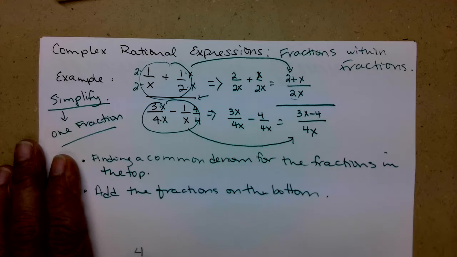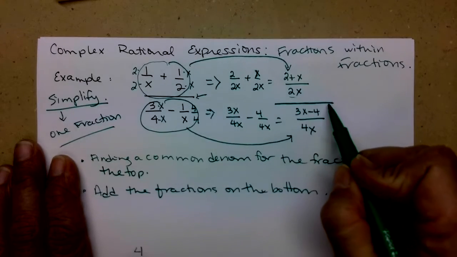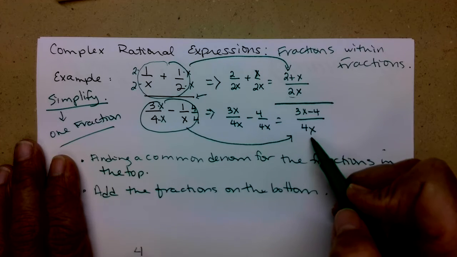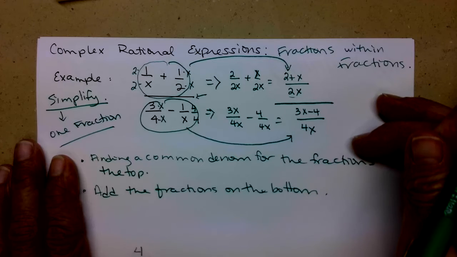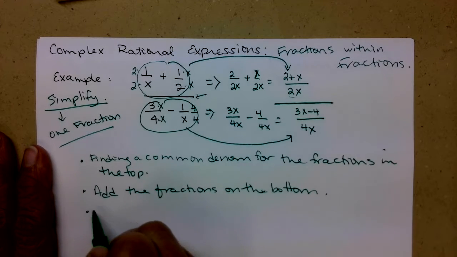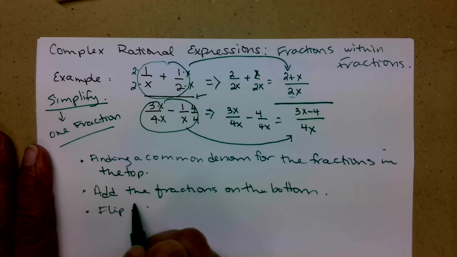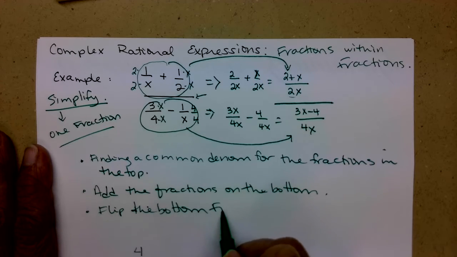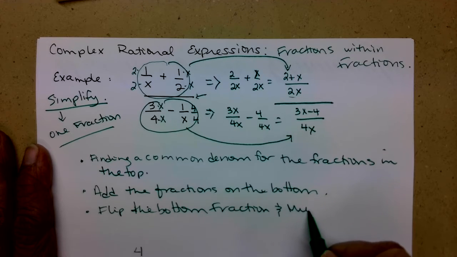Now we have 2 more steps. So we have this fraction, the top fraction, divided by the bottom fraction. So when we divide by a fraction, the bottom, or second fraction, flips and multiplies. So we're going to flip the bottom fraction and multiply.